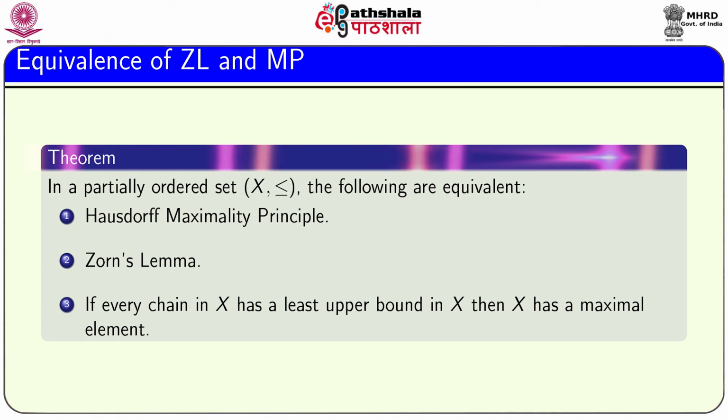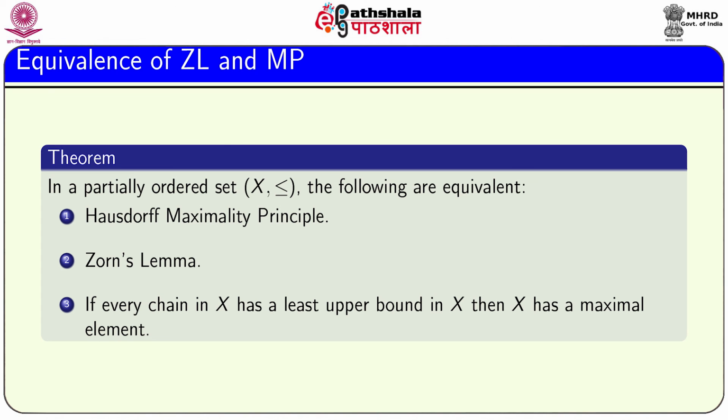We shall now establish that the two principles which we had pointed out here, the Hausdorff maximality principle and Zorn's lemma, are equivalent. If we state the theorem formally, then in a partially ordered set X, the following statements are equivalent.